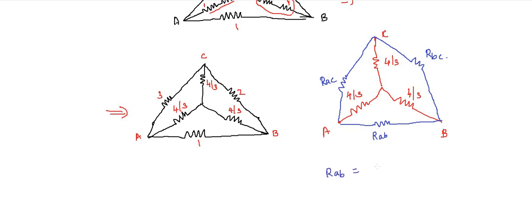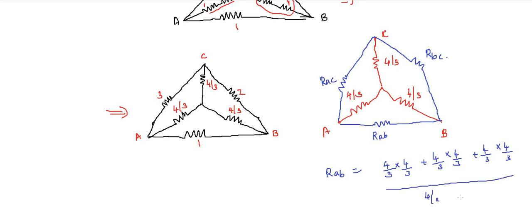RAB equals, we know we have to take the sum of the products of all possible pairs. So it is 4 by 3 into 4 by 3 plus 4 by 3 into 4 by 3 plus 4 by 3 into 4 by 3, divided by 4 by 3. If we calculate this, we will get 4 ohm.